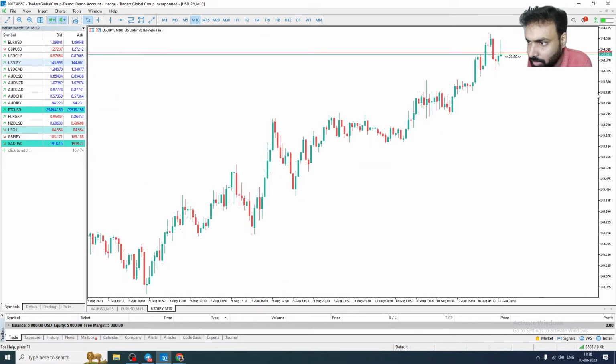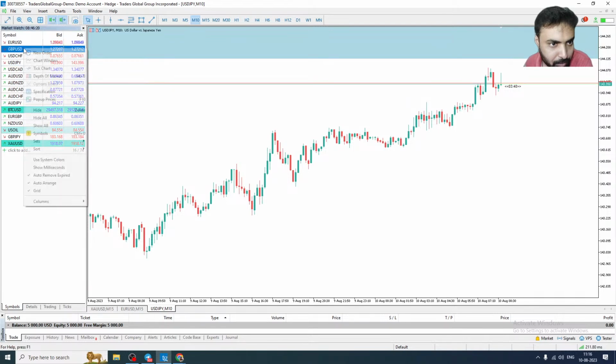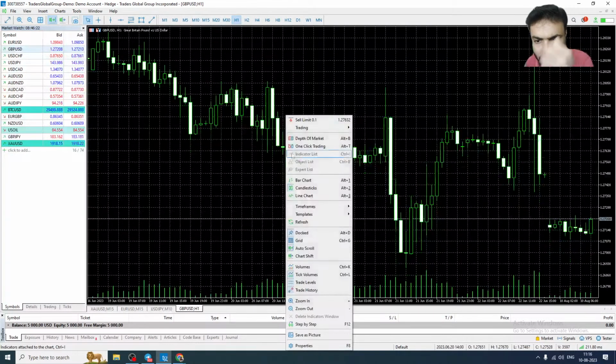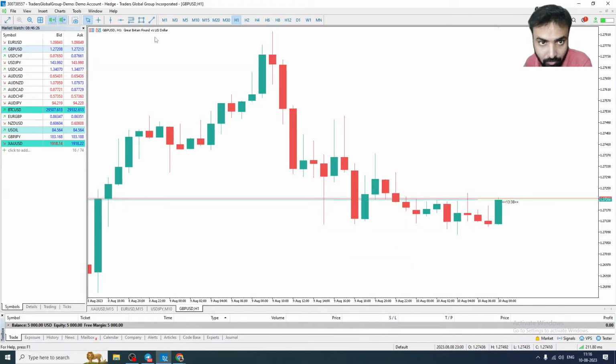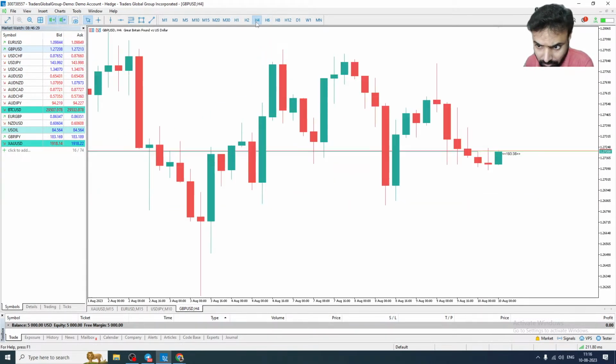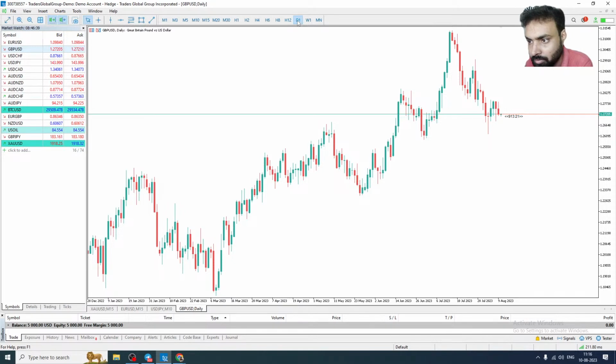USD JPY is reacting. Okay. Let's look for some other pair, maybe GBP USD. So daily chart GBP USD.